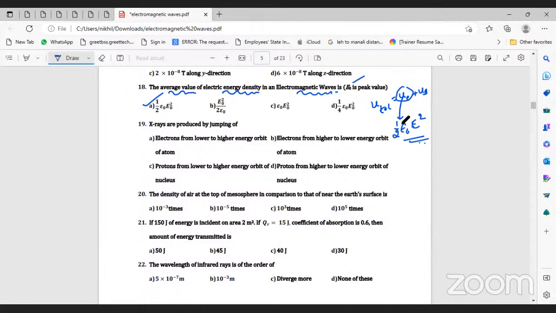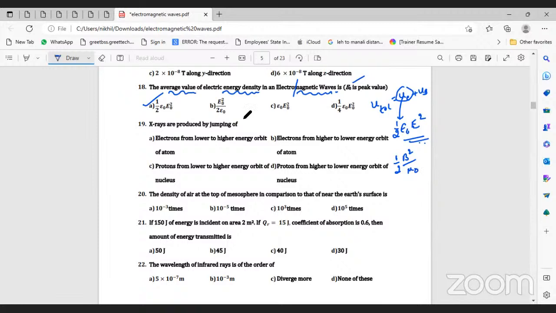Then what about the magnetic field? Half times B squared divided by mu naught. But there is both electric and magnetic field. In the options they're talking in terms of electric field, so I'm going to use the concept of half times epsilon naught E squared and half times B squared by mu naught.